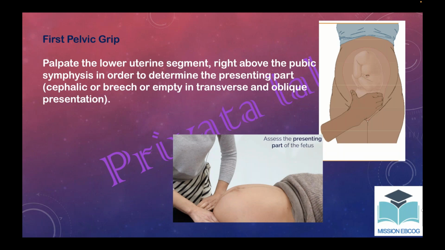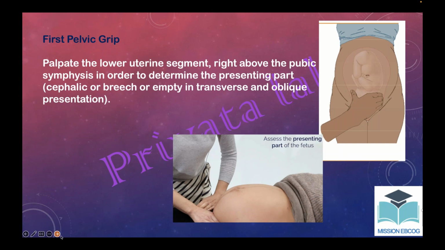With this grip you find out what the presenting part is, whether it is cephalic with the head there, or breech, or empty. It will be empty, as you already know, in the transverse or oblique presentation. So you are doing it at every step and you're speaking it also.